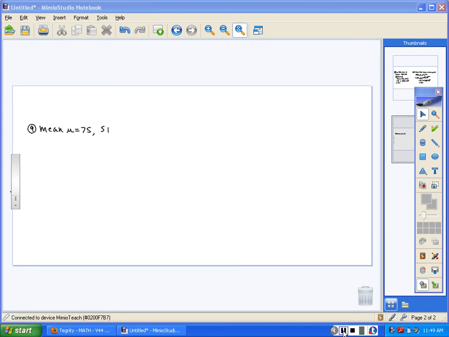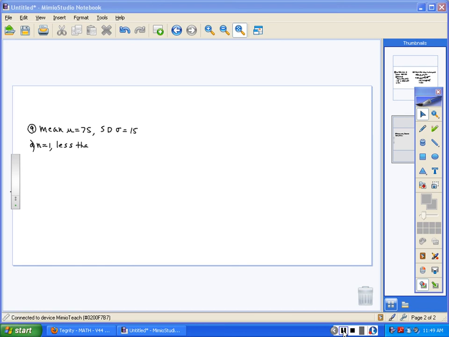And the standard deviation, sigma, is equal to 15. Okay, part A says if a subject, and I'm going to emphasize that by saying that n is 1, if a subject is randomly selected and tested, find the probability that his score will be less than 100.